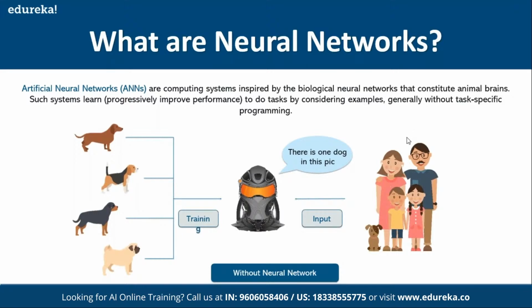Unlike a machine, most of you are seeing this slide for the first time and you are able to recognize there are four human beings and one dog in this photo, and you say there is a father, a mother, a boy child and a girl child with a dog. How did you do that? For a minute, think back: you have never seen these cartoon images.